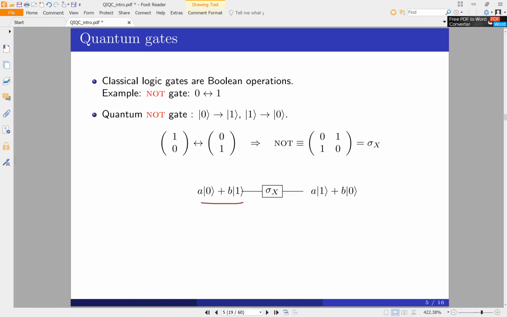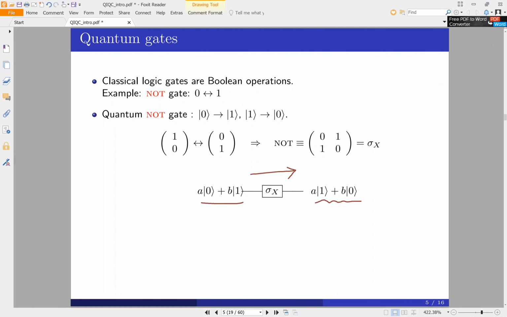This is the input, and the arrow of time goes like this. This is the output. The sigma x flips the ket 0 to a ket 1. It flips the ket 1 to a ket 0, and so the output state that we have is A|1> plus B|0>. This is the simplest quantum circuit that one can draw using the quantum NOT gate.